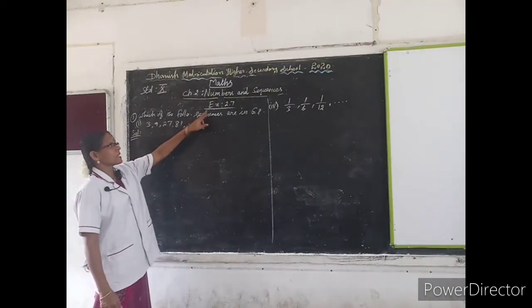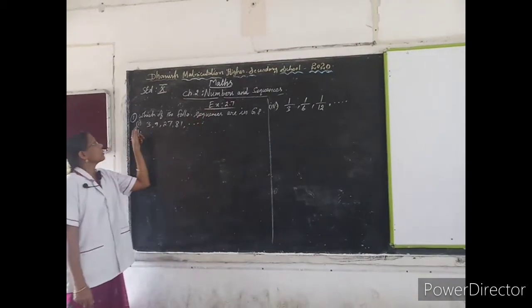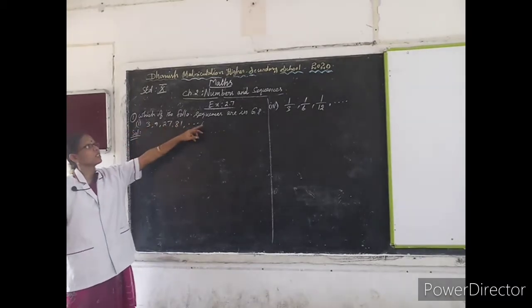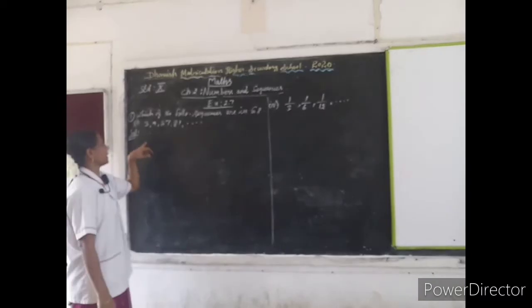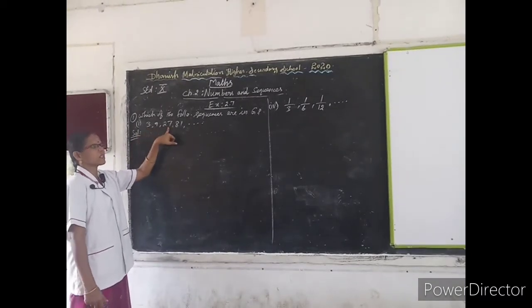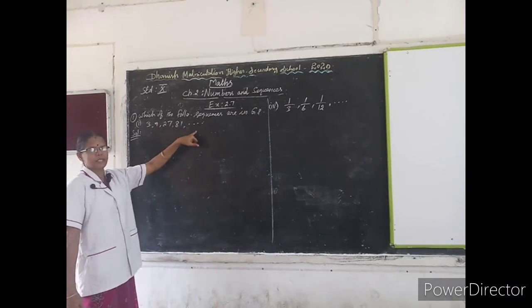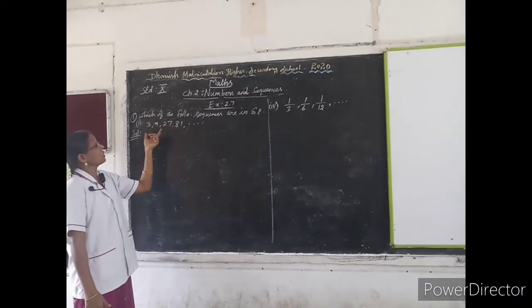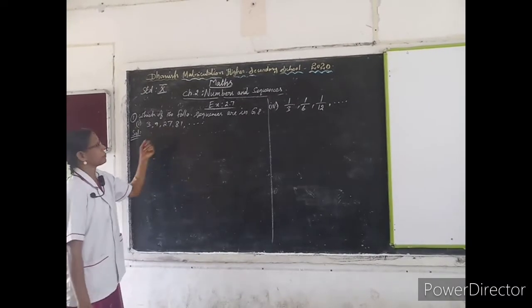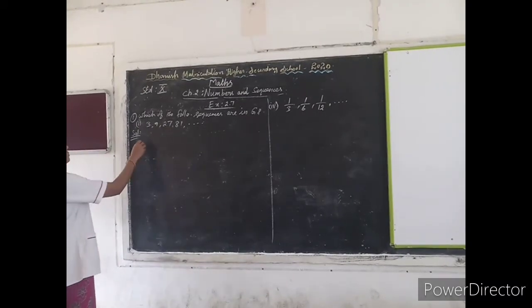Now, from exercise 2.7, question number 1, first subdivision. Which of the following sequences are in GP? Given sequence is 3, 9, 27, 81, etc. We should find whether the given sequence is GP. Yes.